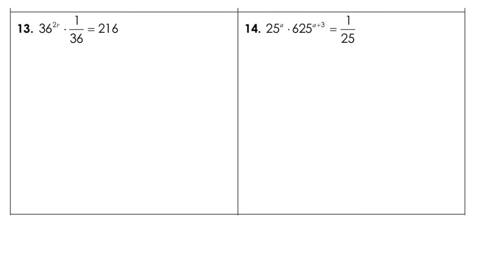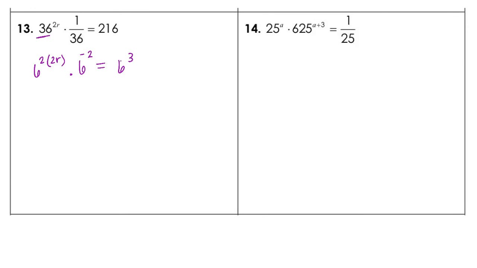So our next base that we would need to work with is going to be 6, and so here we are going to change both sides. So 36, I would say, well, that's 6 squared, and I already have my 2r, times, and 1 over 36, 6 to the negative 2, and 216 is going to be 6 to the 3rd.